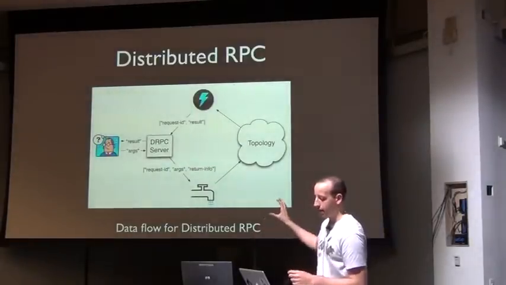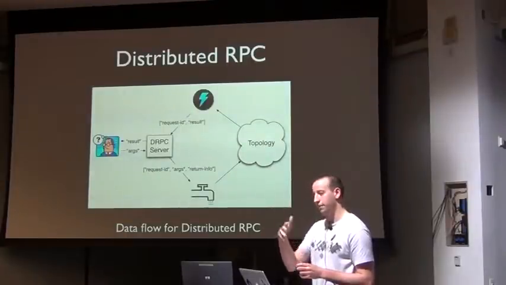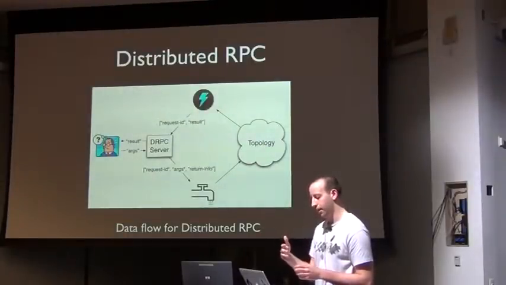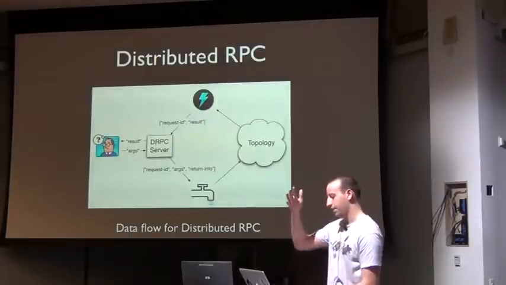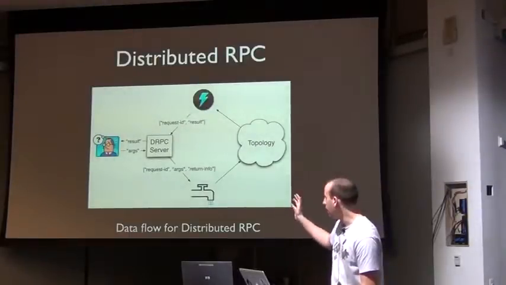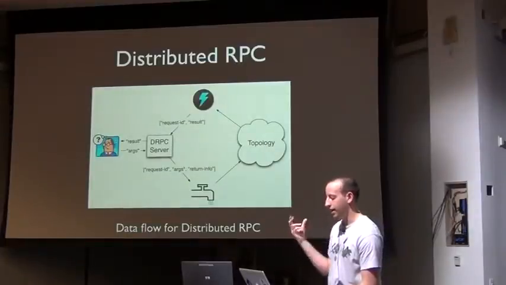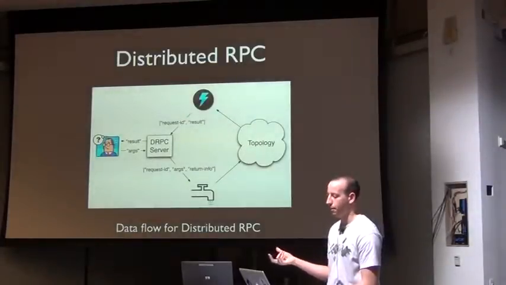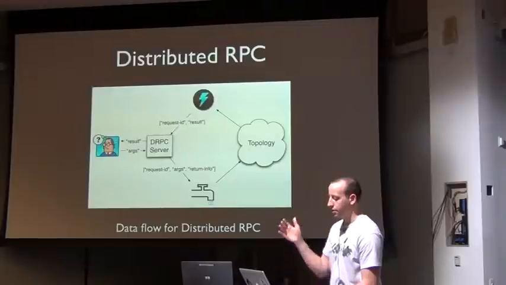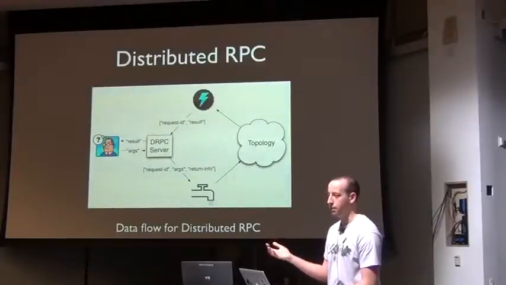The topology implementing the function will read the function invocation as a stream. That function invocation stream contains the request ID, the arguments to the request, which is provided by the client, and then the return info, which is just the host and port of the DRPC server. The spout picks that up, emits it into the topology.